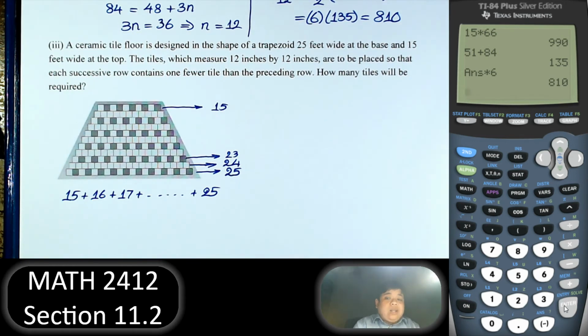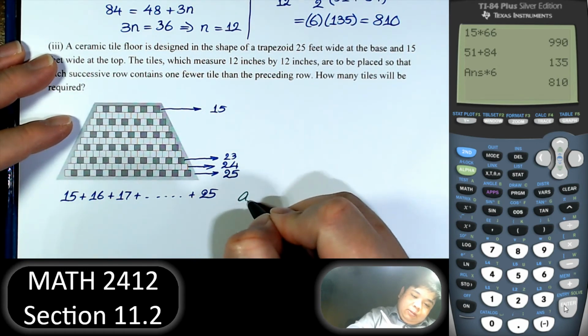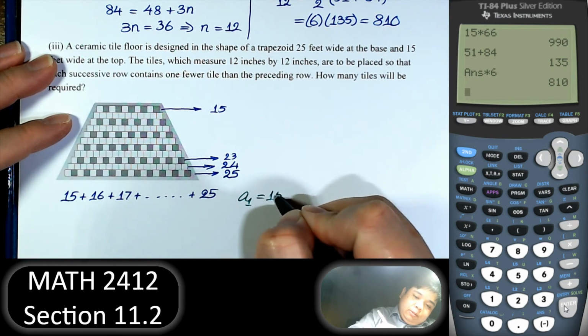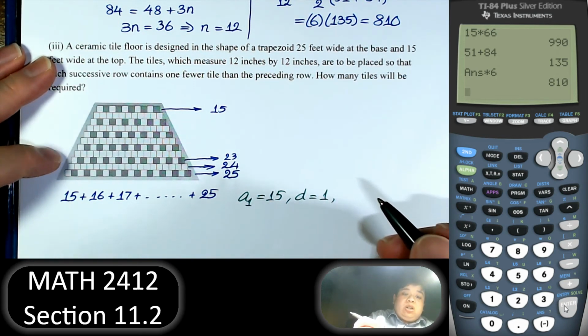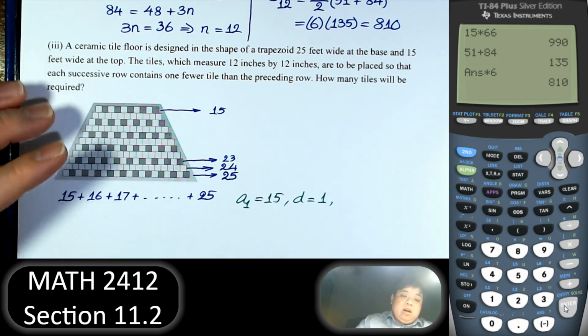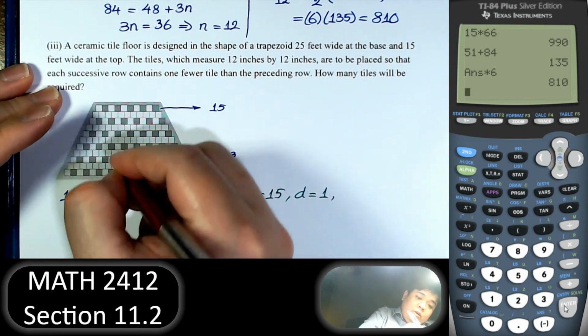Once again, we know the first term and we know the common difference. We just don't know how many terms there are, how many rows there are.